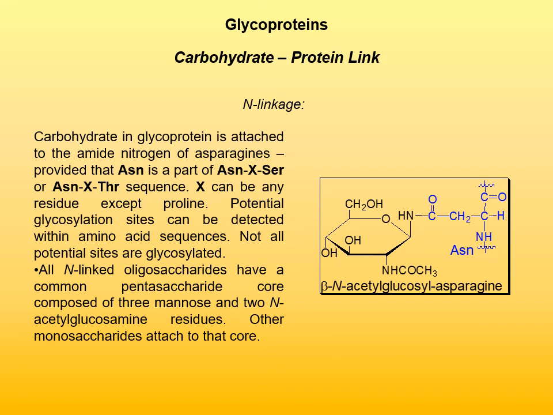X could be any amino acid except proline. A potential glycosylation site can be identified from the amino acid sequence, but not all potential sites are glycosylated. All N-linked oligosaccharides have a common pentasaccharide core composed of 3 mannose and 2 N-acetylglucosamine residues, and then other monosaccharide units attached to that core.